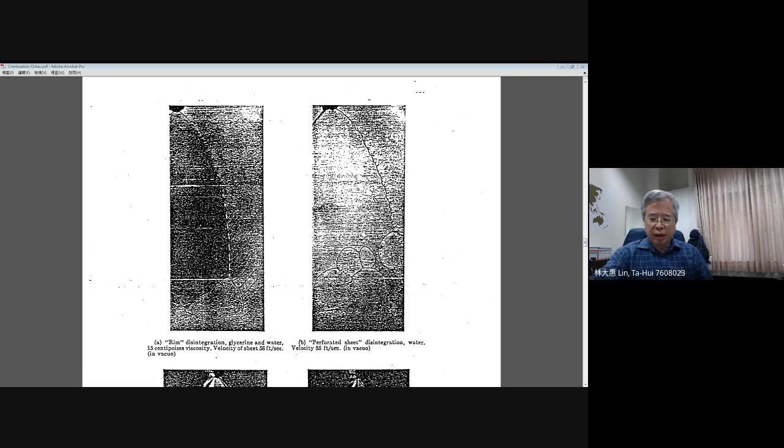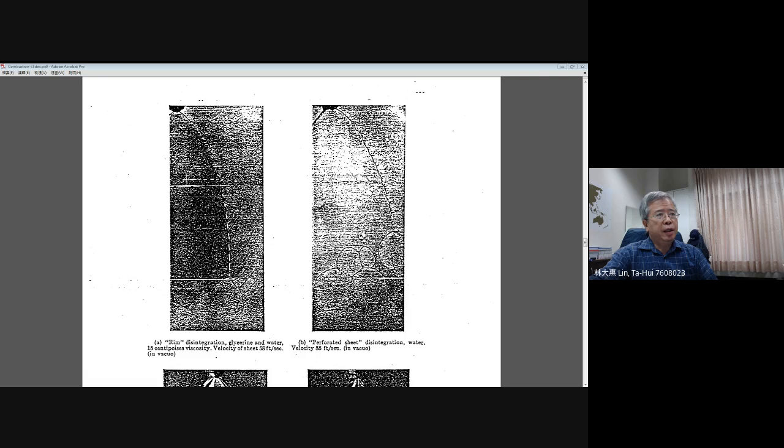Then the free edge of the liquid sheet will contract into a thick ring. You can see rings coming out, just like a ligament, one by one. Then later on, they will break up into droplets.